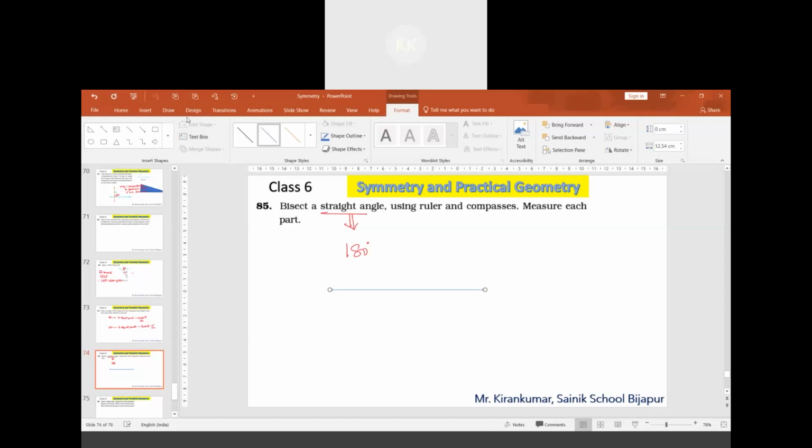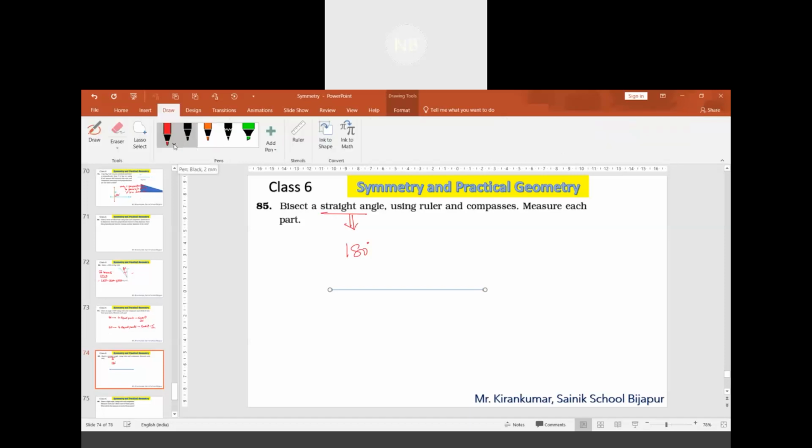The angle which is formed over here is 180 degrees. You have to bisect this angle. You should take more than half the length, and cut an arc. Then you have to cut one more arc.